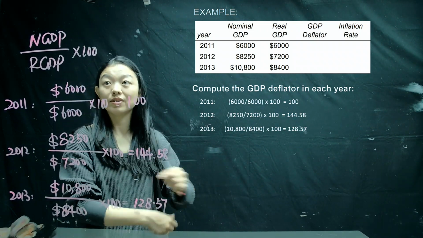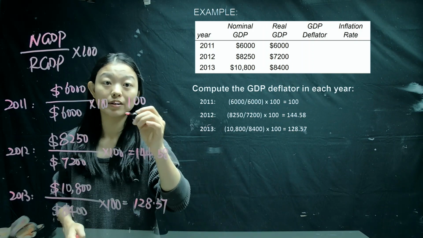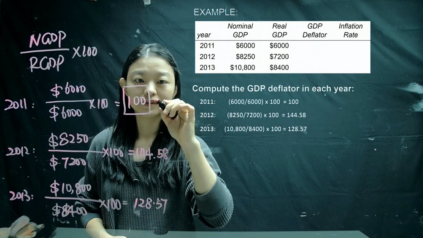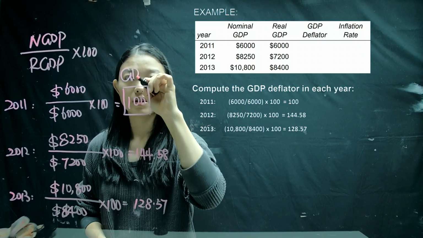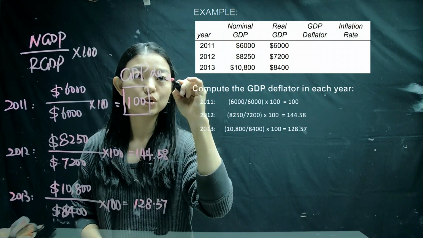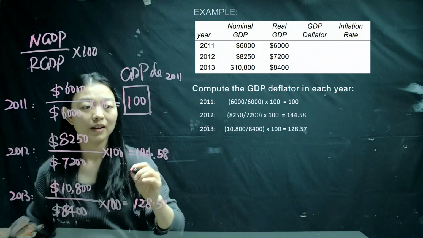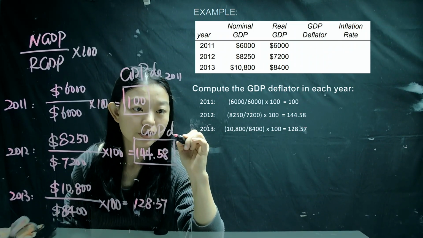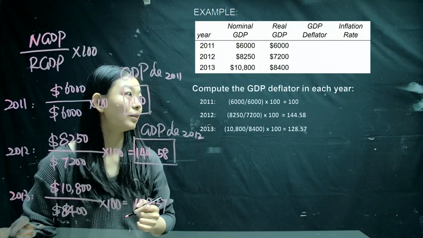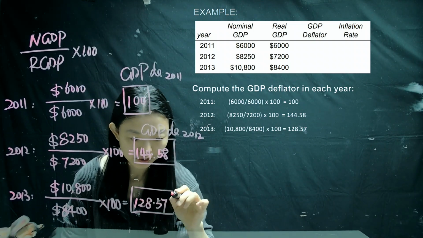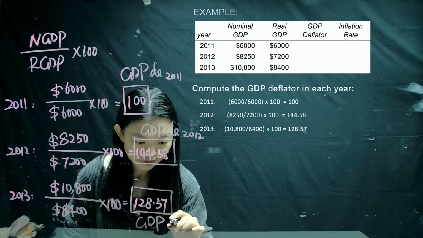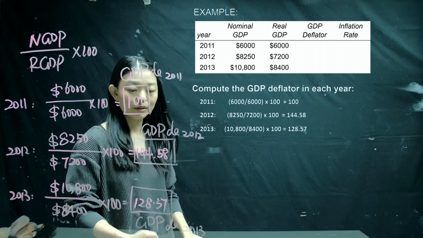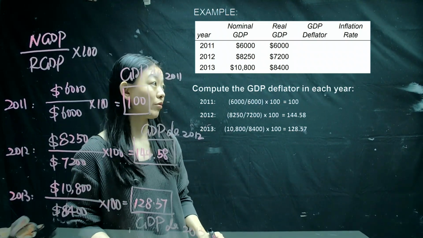Then how can we get the inflation rate based on the GDP deflator? This is the GDP deflator in 2011, this is the GDP deflator in 2012, and then we also have the GDP deflator in 2013.